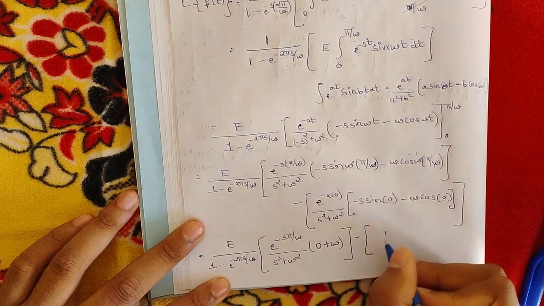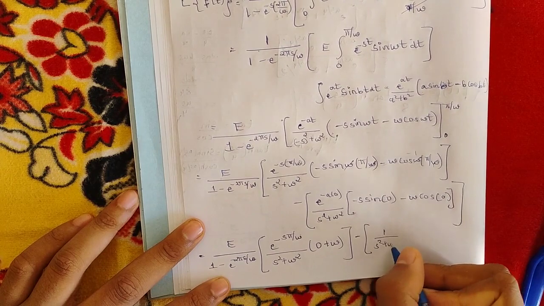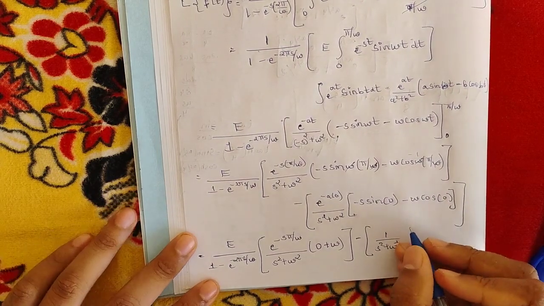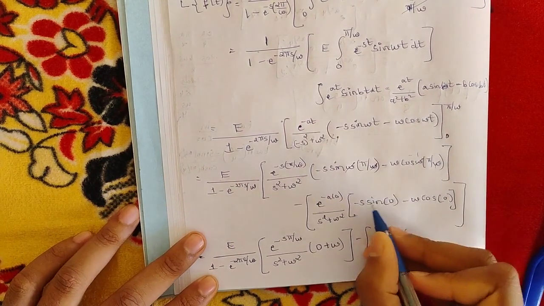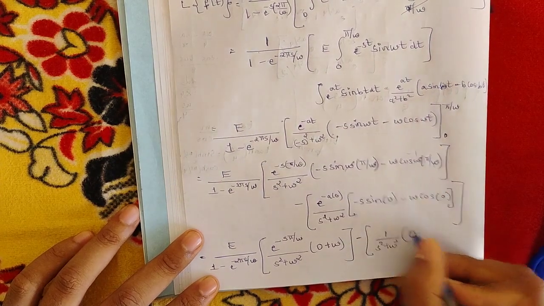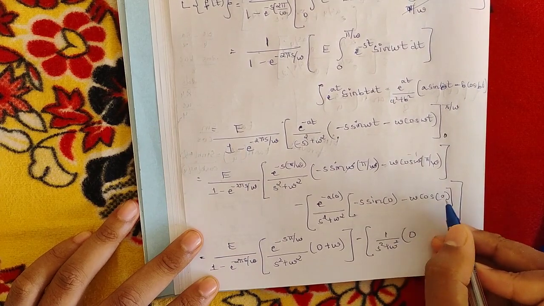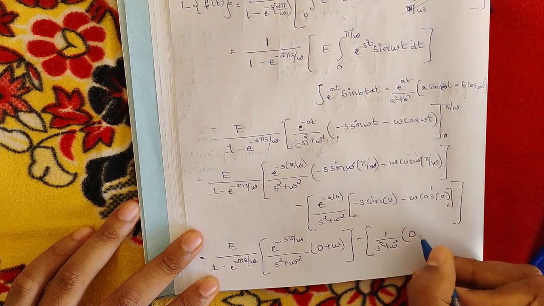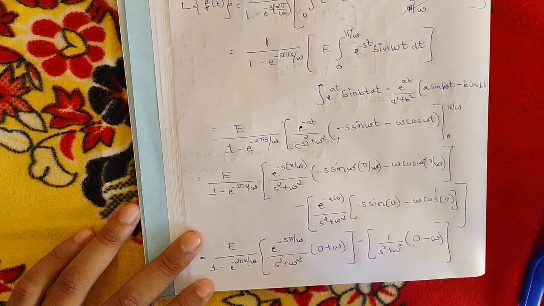So it is 1 divided by s square plus omega square into s sin 0 minus s sin 0 is 0, so 0 minus omega cos 0. Cos 0 is equal to 1, so we are left with minus omega.